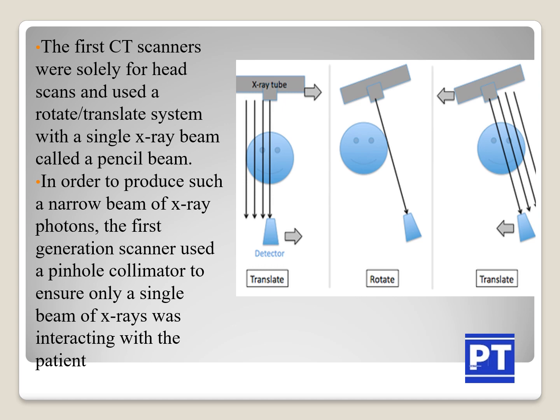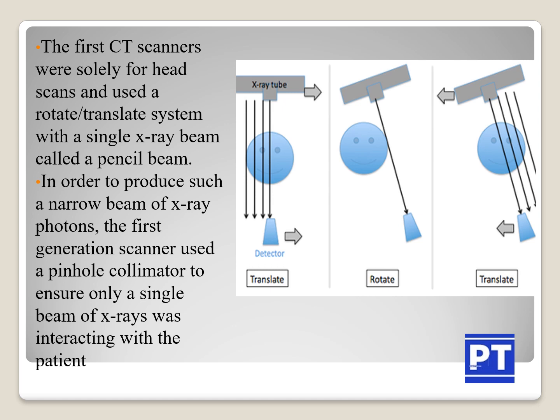You can see here the X-ray tube as well as the detector. There was only one detector, and you can see in the figure the linear movement. After one linear pass is completed, the X-ray tube rotates.